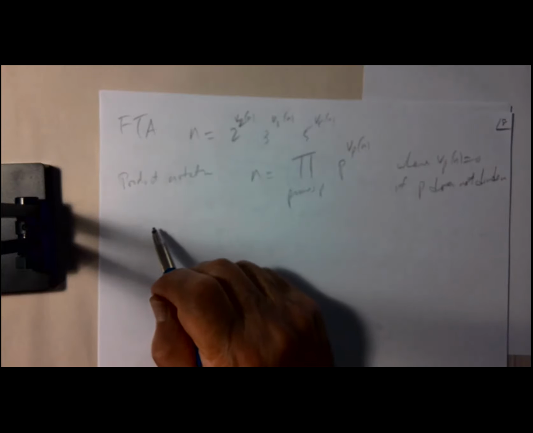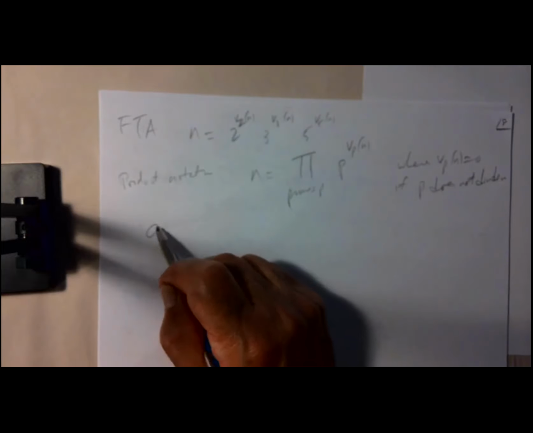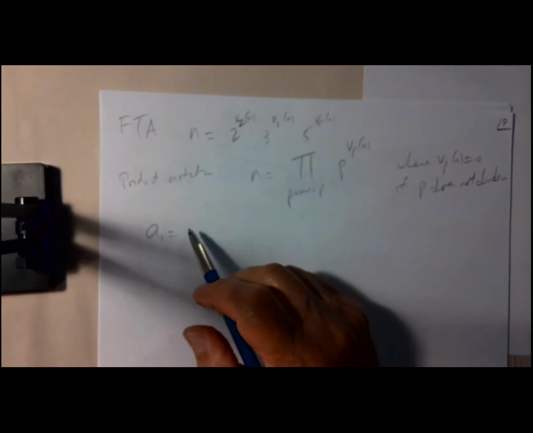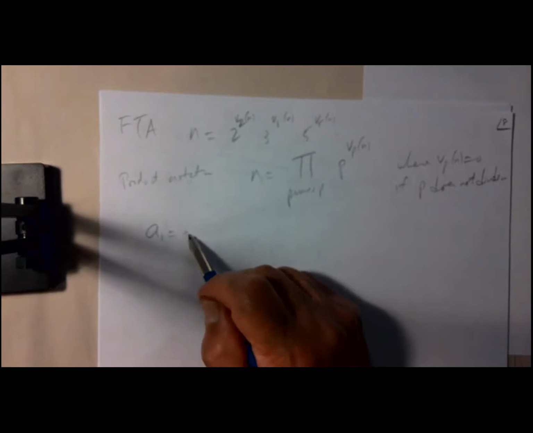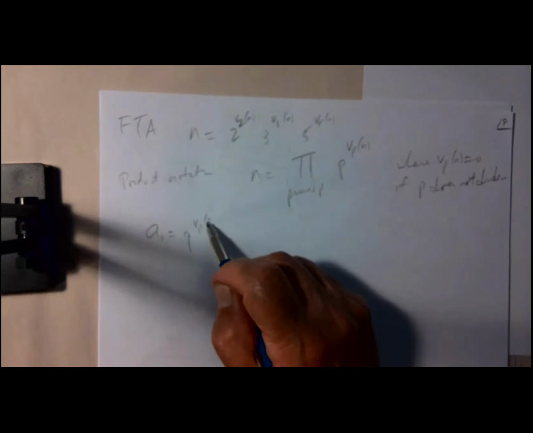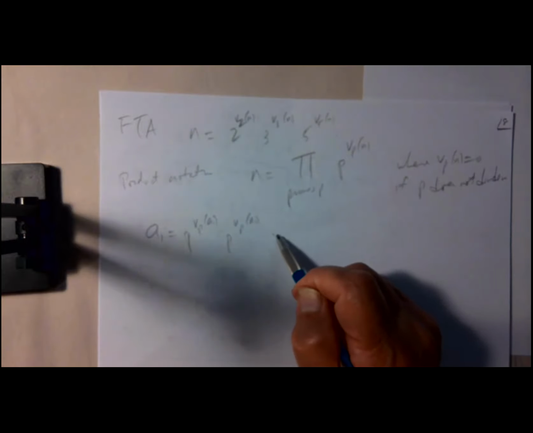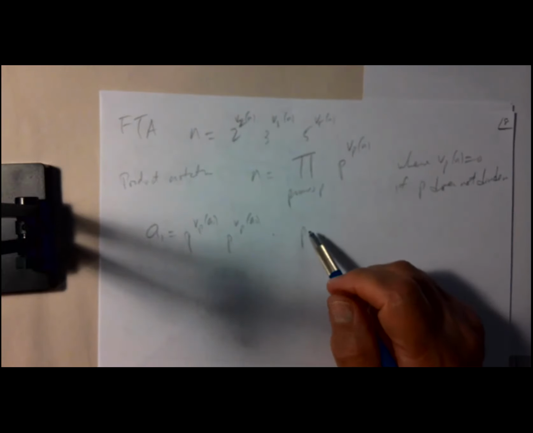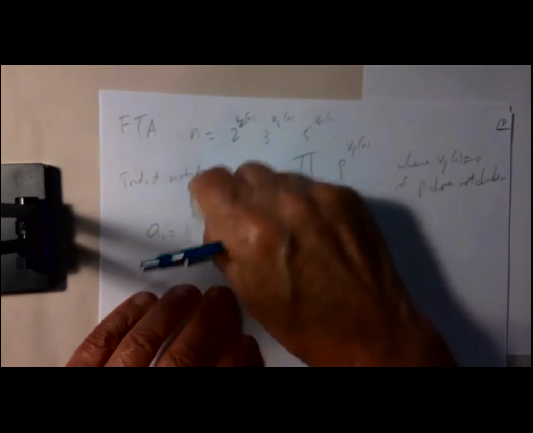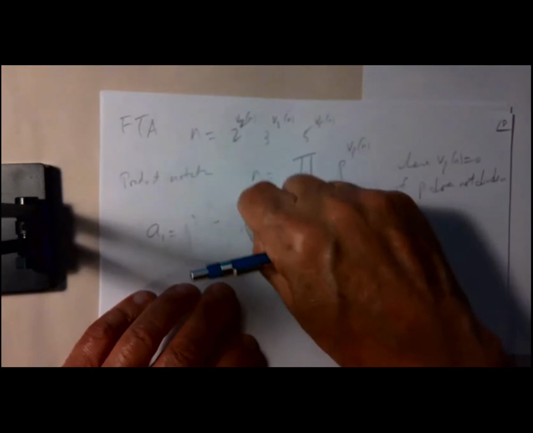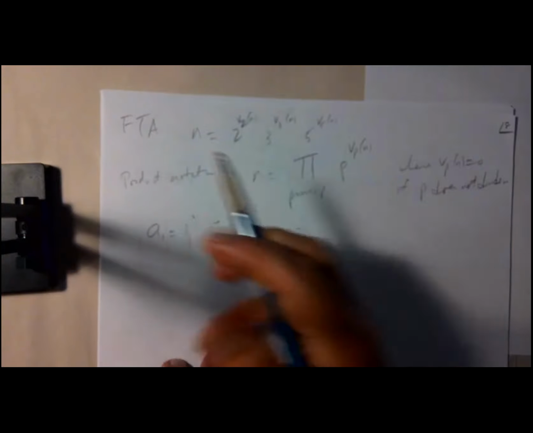So if you have, let's just look at two numbers. Suppose A1 is some number. I want to write this out explicitly.